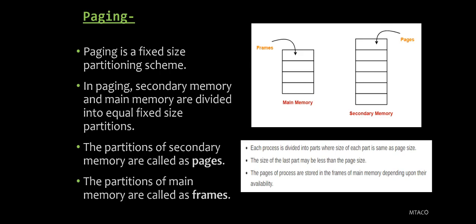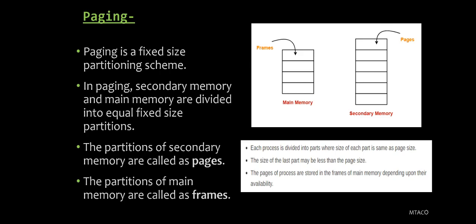Your main memory will be your RAM, and your secondary memory will be your HDD. The partitions of secondary memory are called pages, and for your main memory, they are called frames.